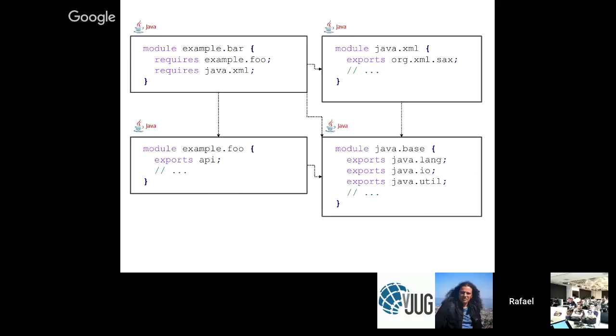You always implicitly import Java base, and Java base includes all these classes that you know and love, like string, integer, also the I/O stuff like the streams, the input stream, output stream, and of course the util classes like list or set, but also quite some more.